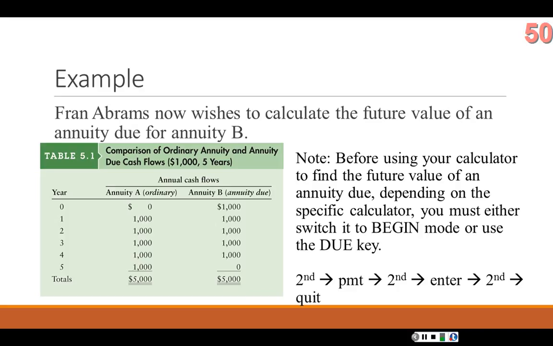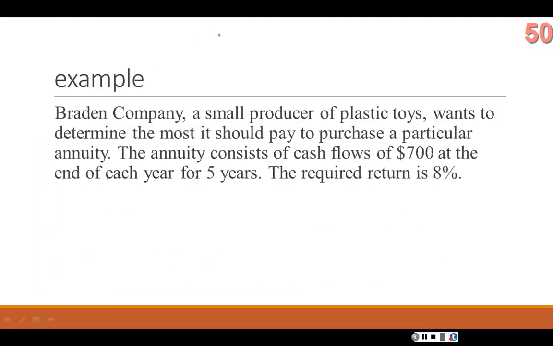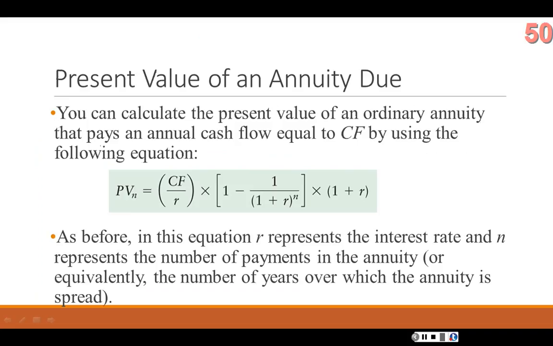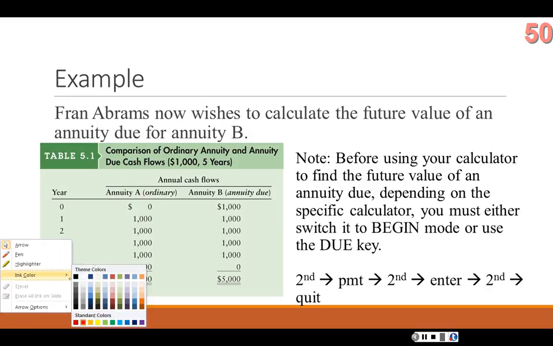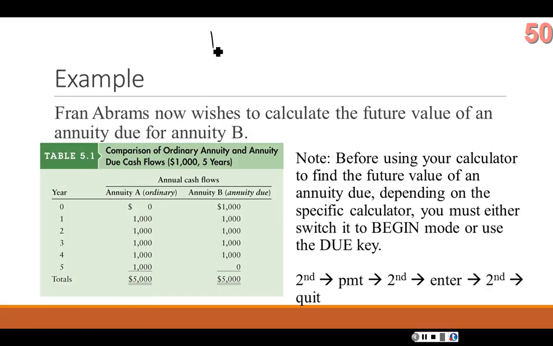So we can put this in our calculator now. Now that we have it in begin mode, we enter it in exactly the same way as we did the ordinary annuity. So the present value is 0.